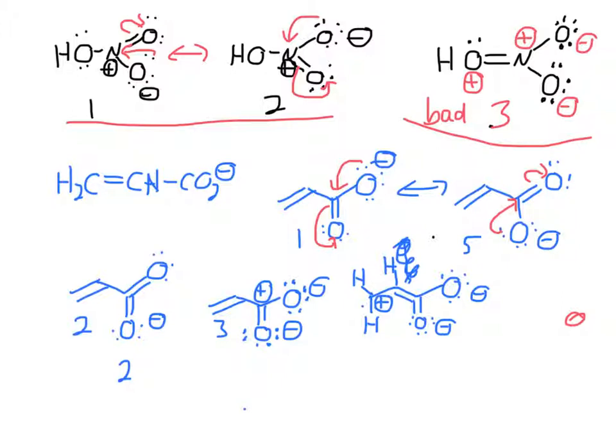In the structures on the left, we have just 1 plus and 1 minus, 1 plus and 1 minus on number 2. But now everybody is either plus or minus, and we would prefer to avoid that if possible. Numbers 1 and 2 are typical of an allylic type system.